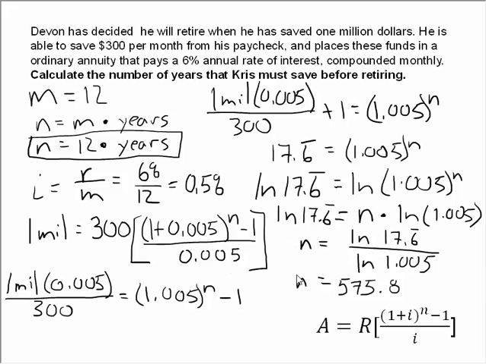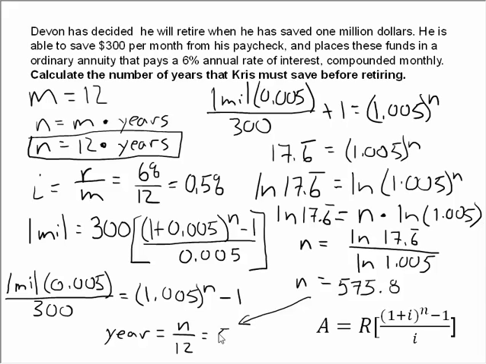Okay, so I'm going to shoot down over here. We had an equation up here. N is 12 times the number of years. Or we could turn it around and say years is equal to, I'm going to divide both sides by 12, N over 12.